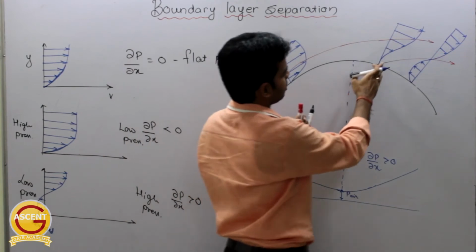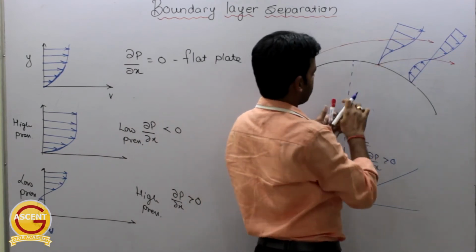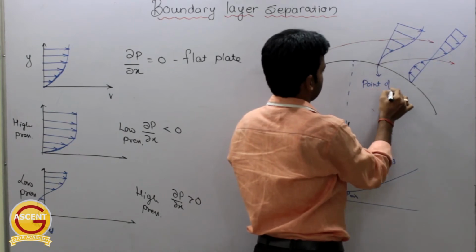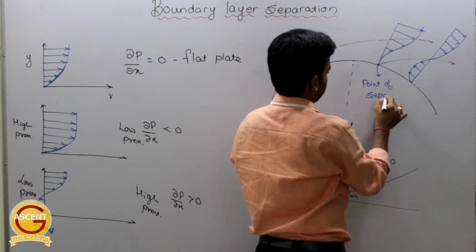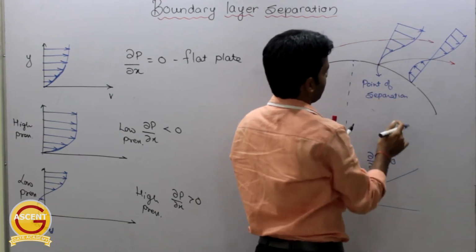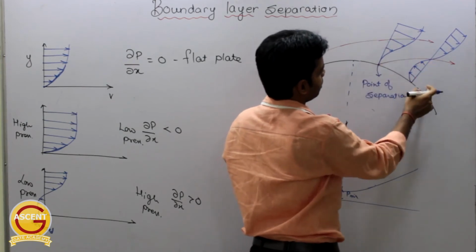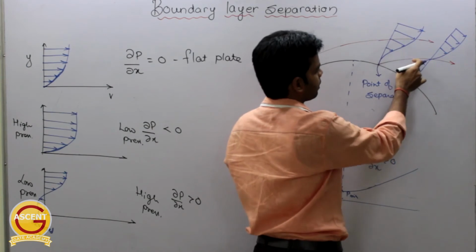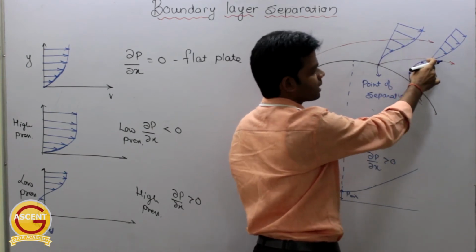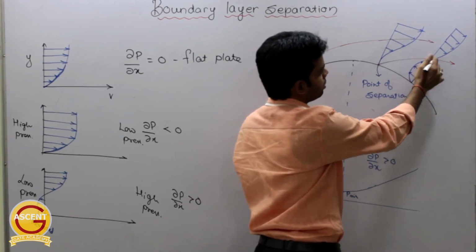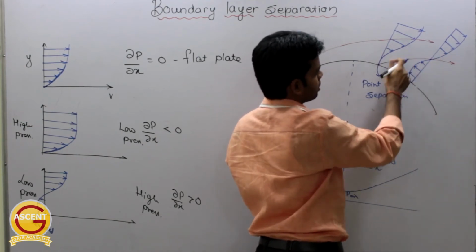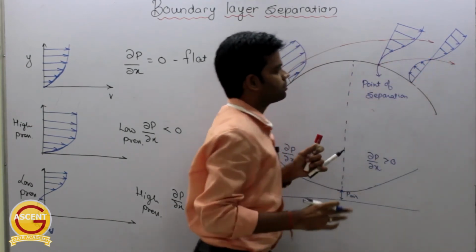Okay, after the point of separation, this point is called the point of separation. After this particular point there will be a reverse flow, and the velocity profile up to a certain point is negative. Okay, and if I join the locus of all these points in different profiles, I will get this boundary layer.